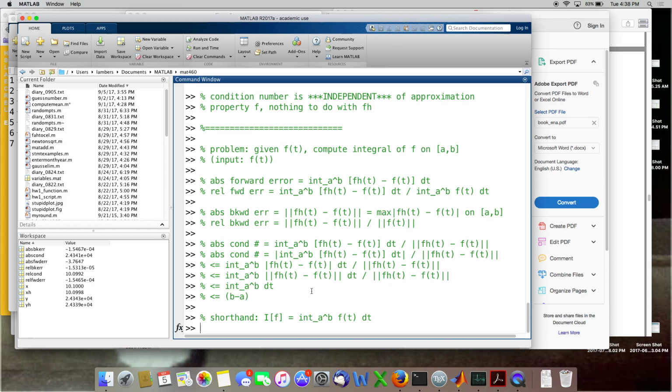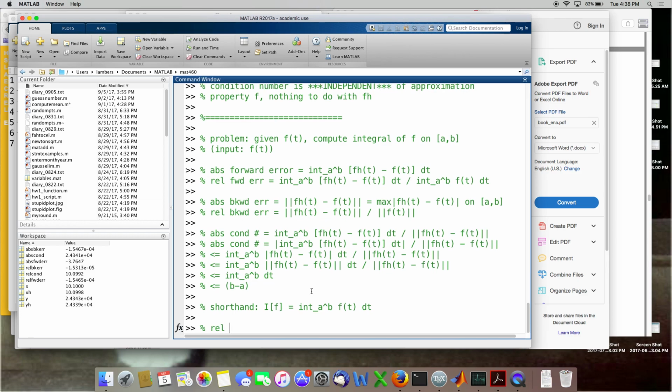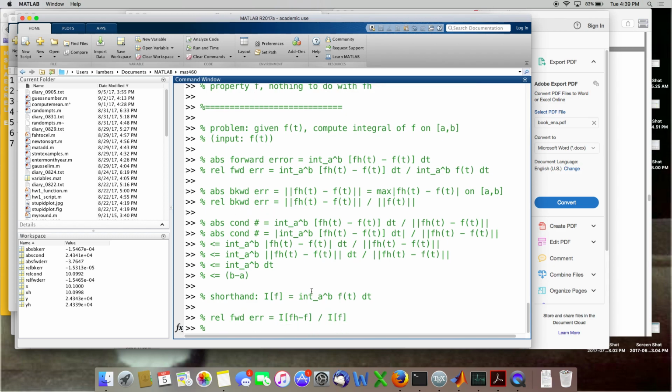Okay. So now I can say that the relative forward error is the integral of f hat minus f divided by the integral of f. So that's a much shorter expression. And the relative backward error is the norm of the difference divided by the norm of the function.